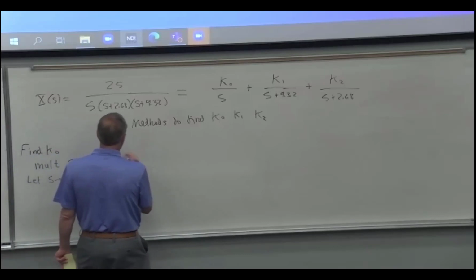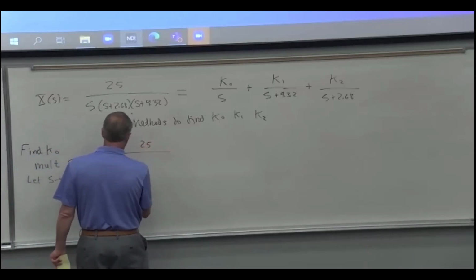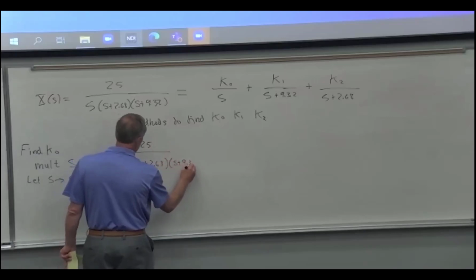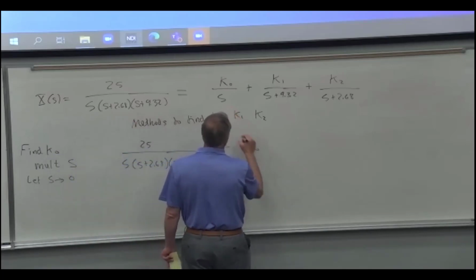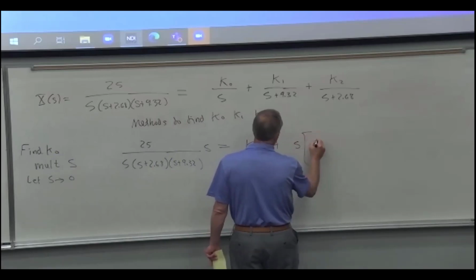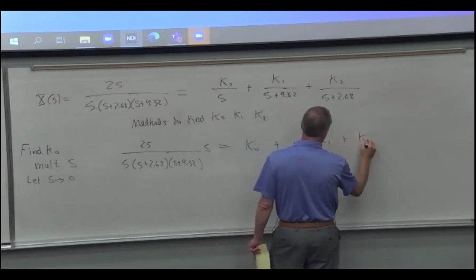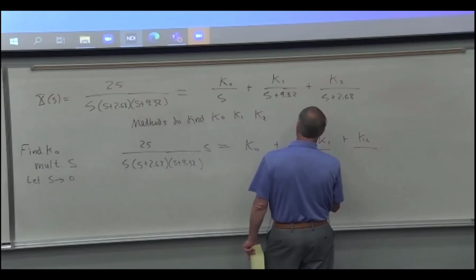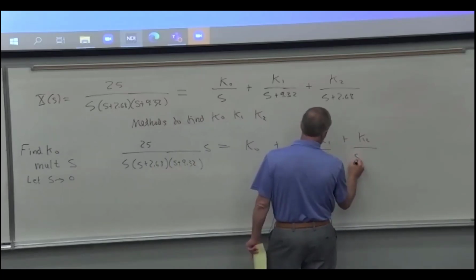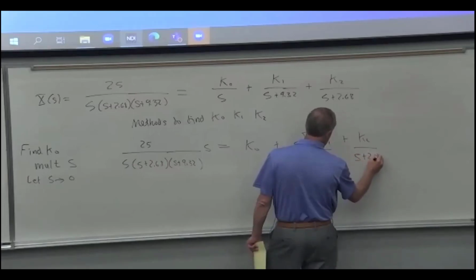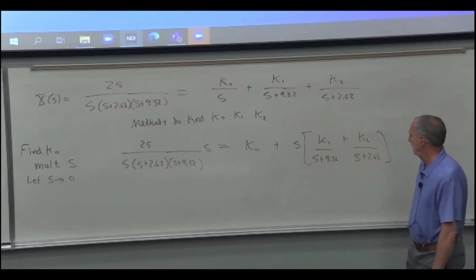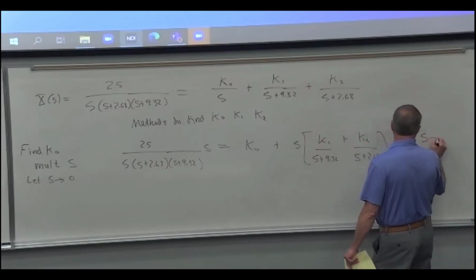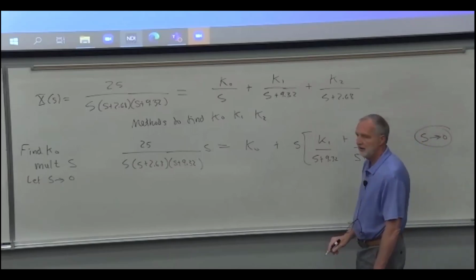So if we multiply both sides by s, here we get K0, and then we get s times all of this stuff. All right, so I just multiplied by the thing in the bottom. And now we let s go to 0, and you can see how that's really nice.